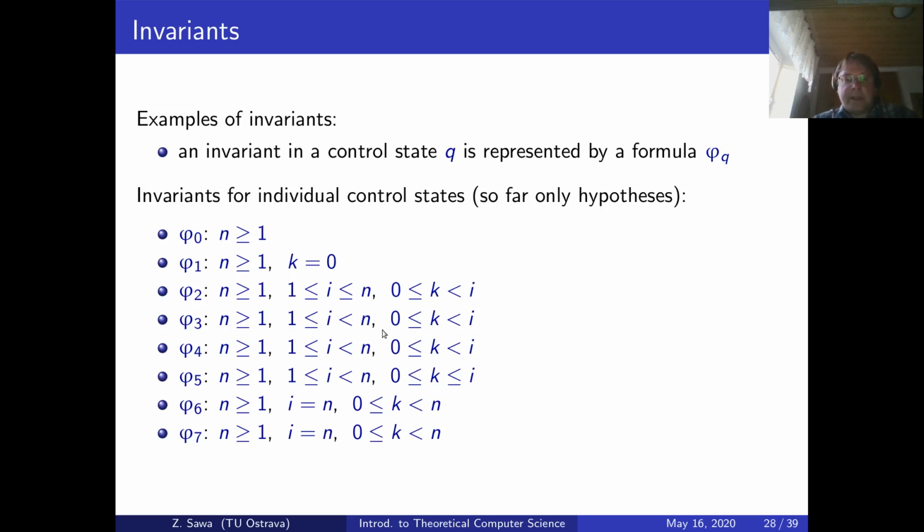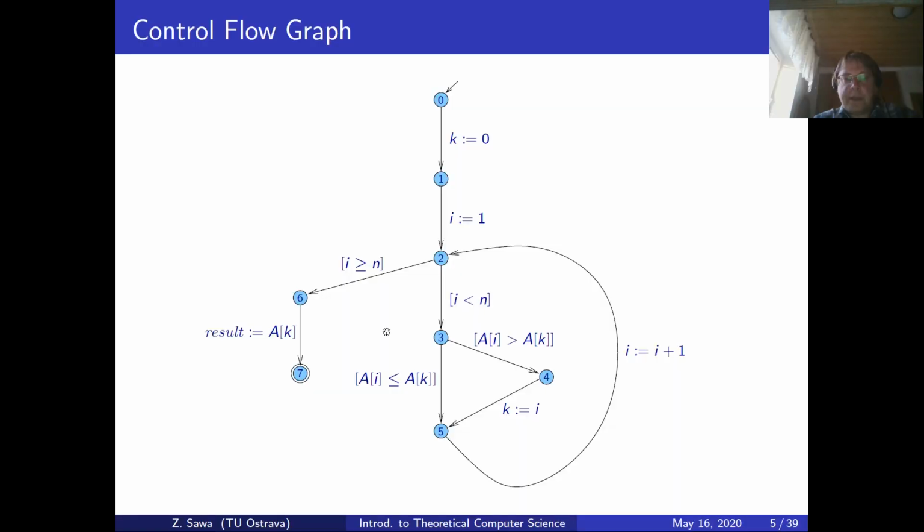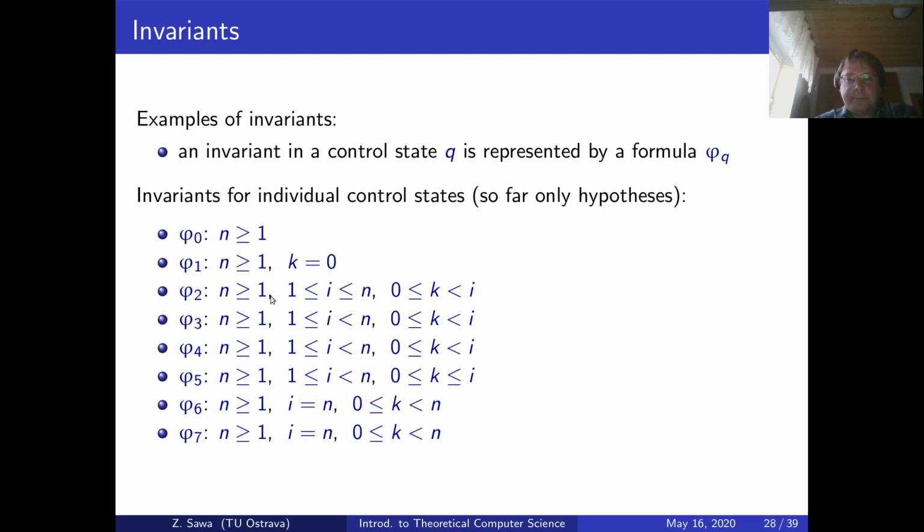And in a similar way, for example, if in state 2 we have this formula phi 2, and we would like to check that phi 6 holds after performing the transition from state 2 to state 6, assuming that i is greater or equal to n, the condition for n remains the same.